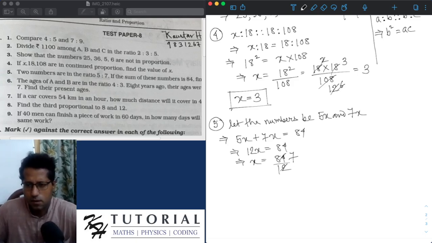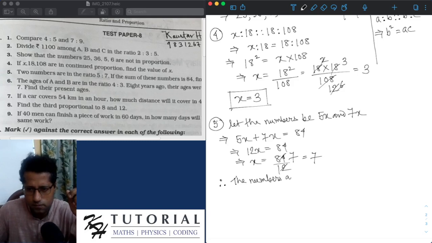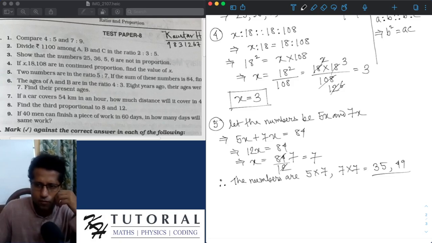Now the numbers are 5 into x, that is 5 into 7, and 7 into 7, which are 35 and 49. So the numbers are 35 and 49.